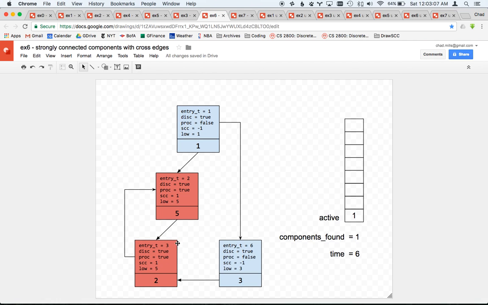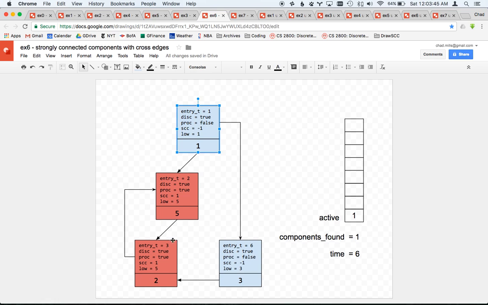Why is it that the strongly connected component has already been assigned? Well, suppose that in this graph it were possible to get from vertex 2 back to some earlier ancestor than vertex 5, like for instance vertex 1, right? That is, suppose it were possible to get all the way back from vertex 2 to some common ancestor with vertex 3. If that were the case, then we would not yet have marked vertex 2 with a strongly connected component.